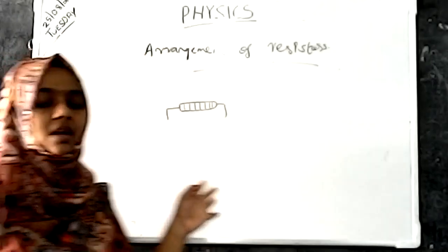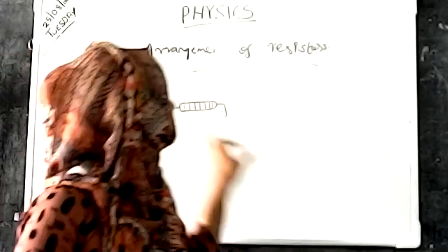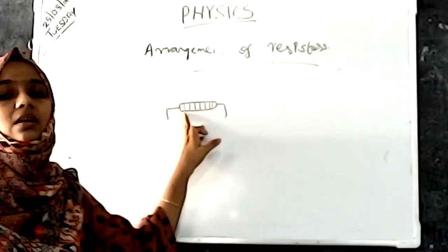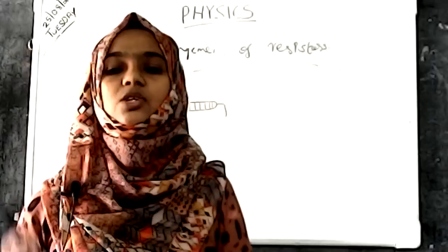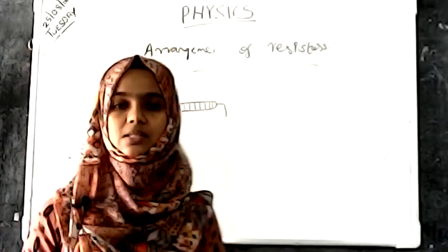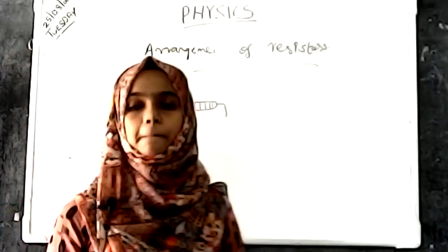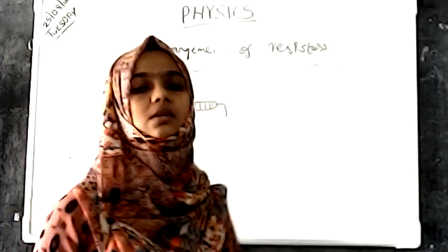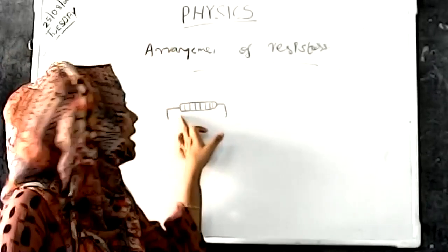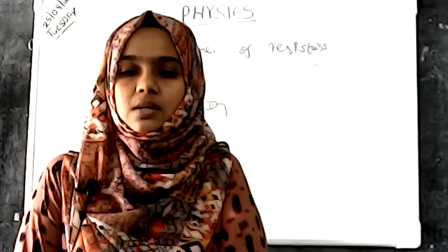So we can calculate the resistance of every resistor by calculating the values of the colored lines shown on the resistors. When we buy resistors from the market, we have to work out the resistance by counting the colored lines on the resistors.